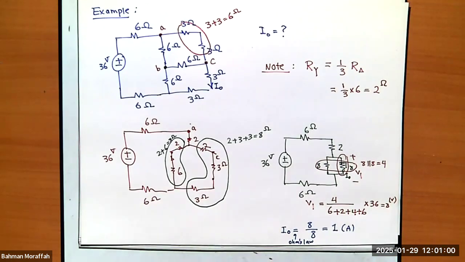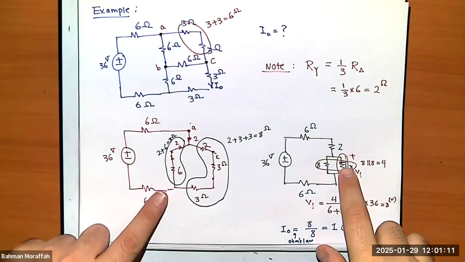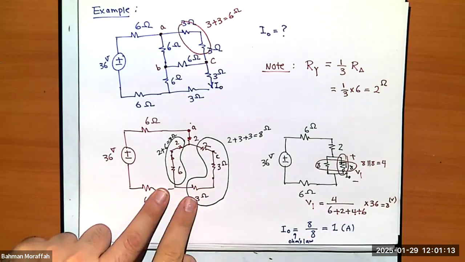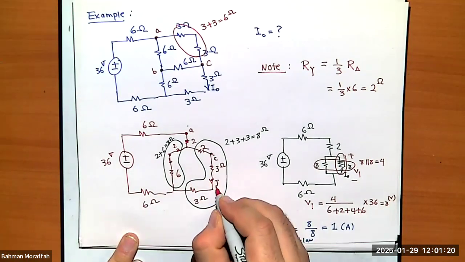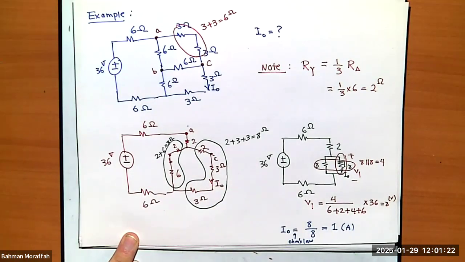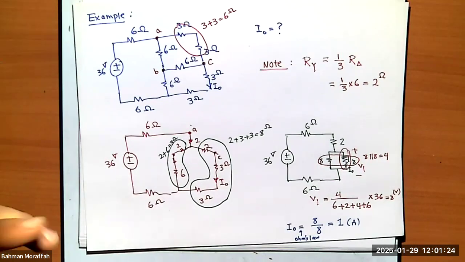Do you agree this I naught over here is exactly that I naught over there? Why? Because this I naught is current through this 8, and this 8 is this 2, 3, and 3 in series. And that's exactly the I naught that we were looking for. Remember, if I replace the delta by its equivalent, the external behavior would remain unchanged.